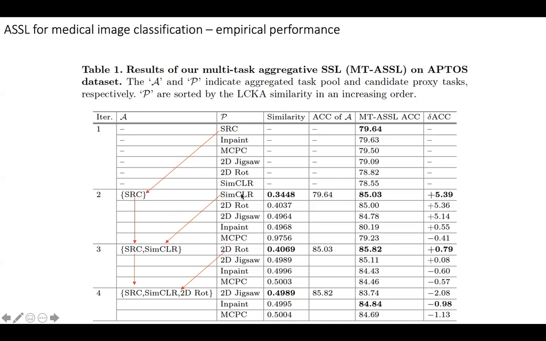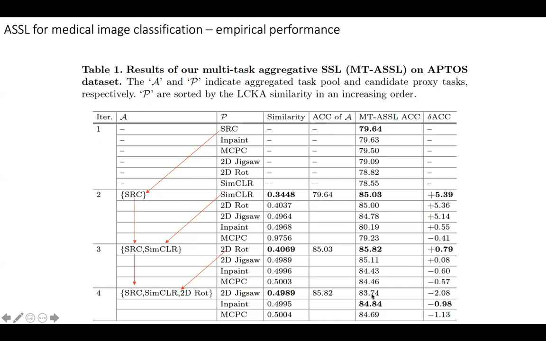Then we just add this proxy task to the proxy task pool. That means we have 2 proxy tasks here now. And as you can see, when we add this new proxy task to the proxy task pool, we can improve the accuracy a little bit.